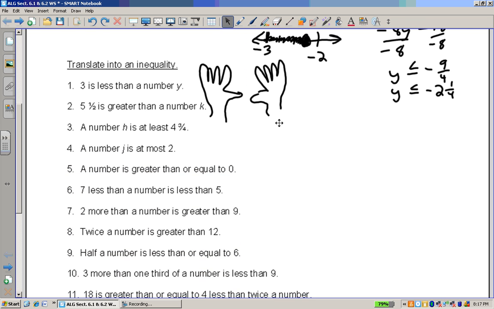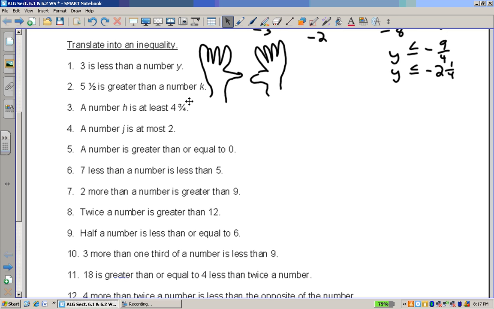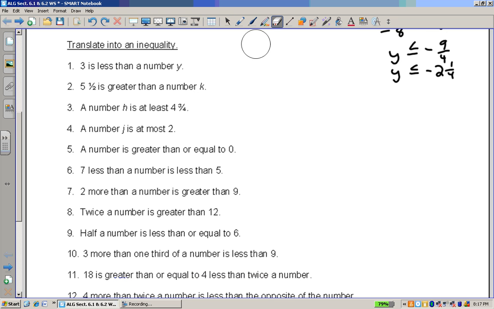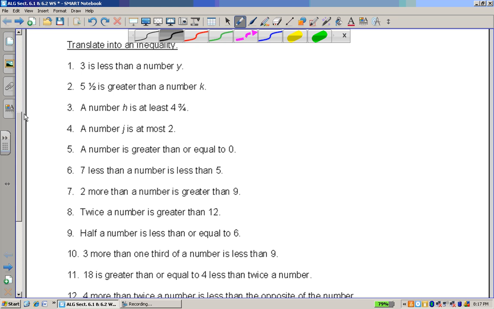All right, and now we simply need to translate into an inequality. Number 1, 3 is less than. When they say is, be careful. The word is itself means equals.